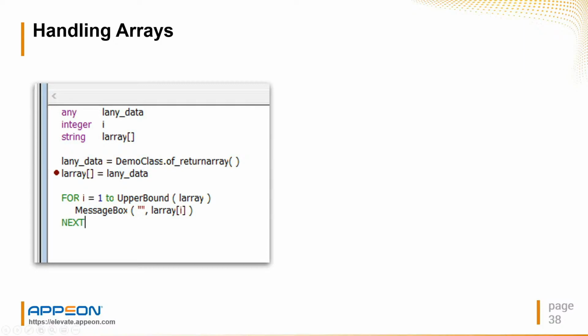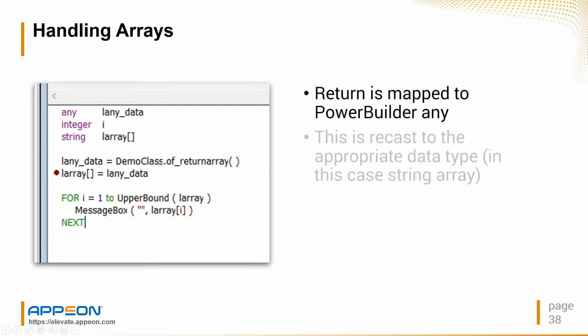And this code would continue to compile, because at compile time, PowerScript can't tell what this assembly is actually going to return. So it's going to assume that casting an any data type to a string array is still valid. And what will happen is at runtime, if you've just decided to change this to longs or something, that assignment will fail, and then this code will crash. So that's something just to be aware of.